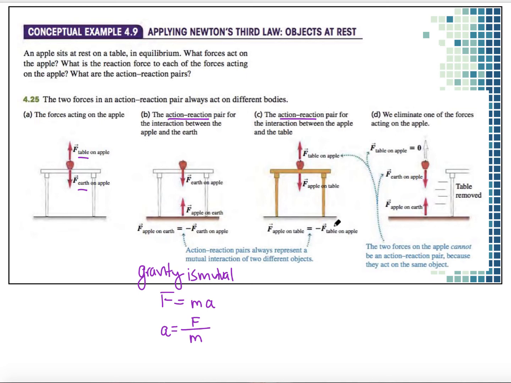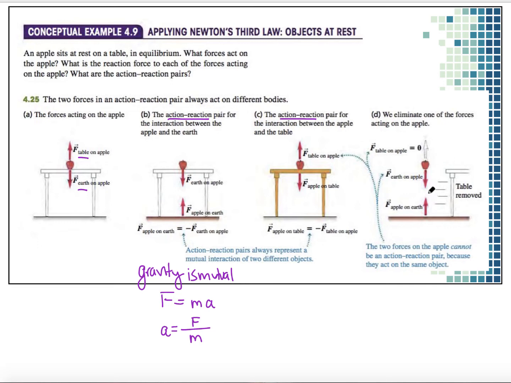If I remove one of these reaction forces essentially, say the table, then all of a sudden all I have is the force of the Earth on the apple that's going to pull it toward the Earth. In this case, these two forces are not an action-reaction pair because this is the force that is acting on the apple. It's gravity. There is only one force of gravity that's acting on it in this case.